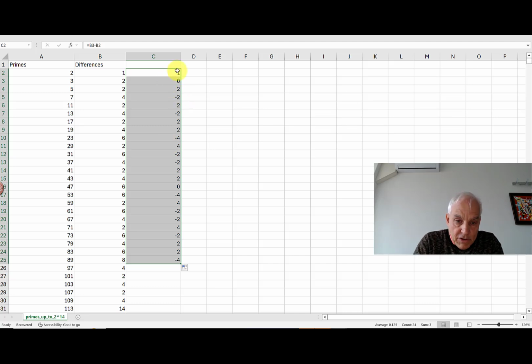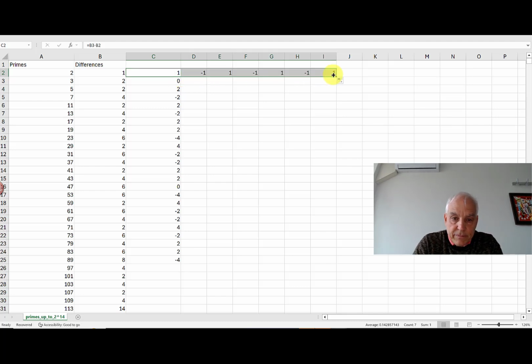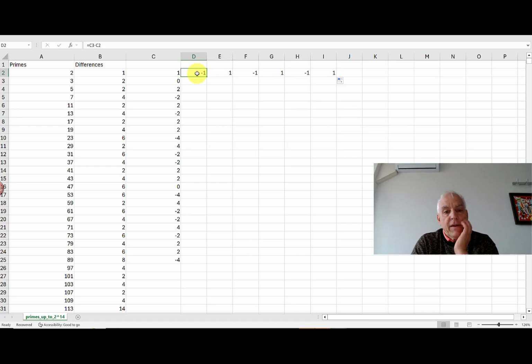If you wanted to go further, we could just repeat the process, but an even niftier thing is to grab the thing and extend it over in this direction. So this entry here is equal to the difference between C3 and C2. And this one here is the difference between D3 and D2.